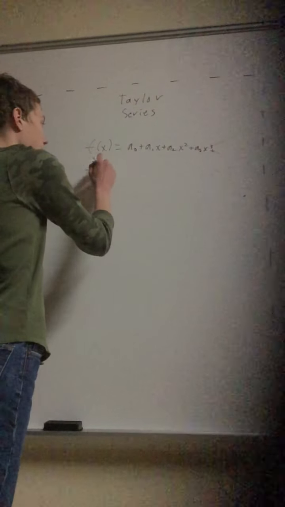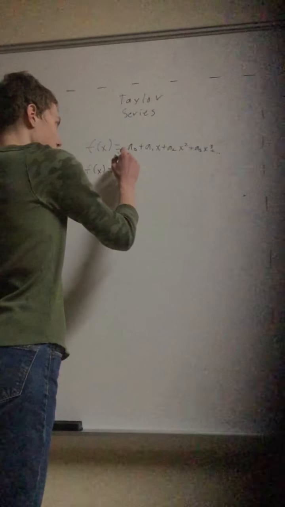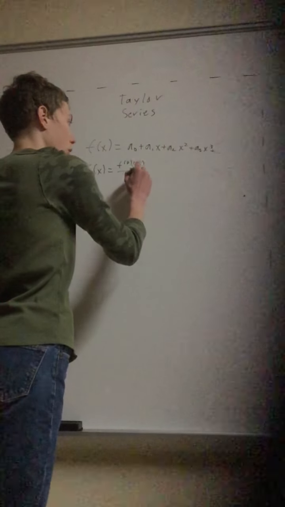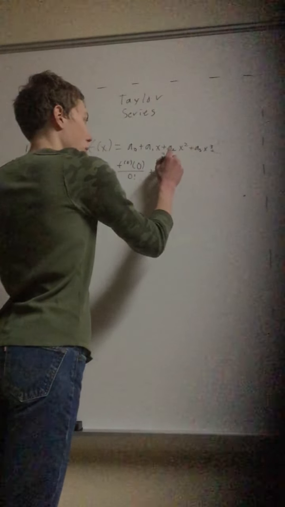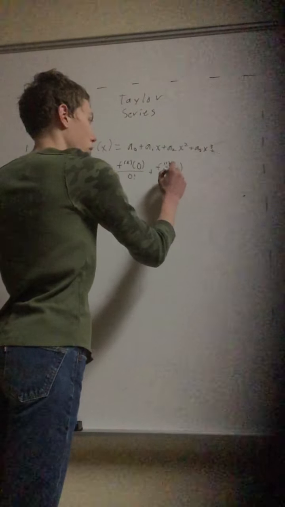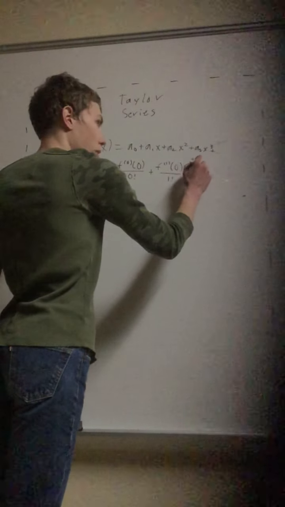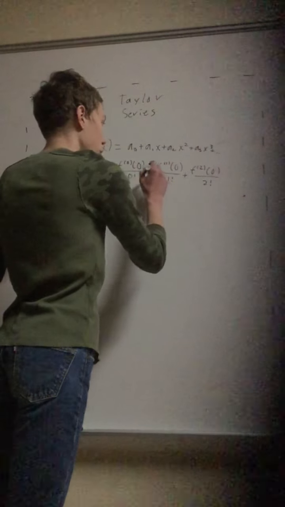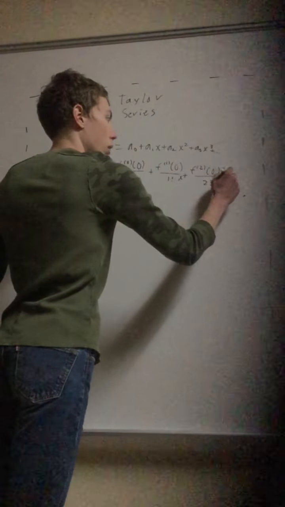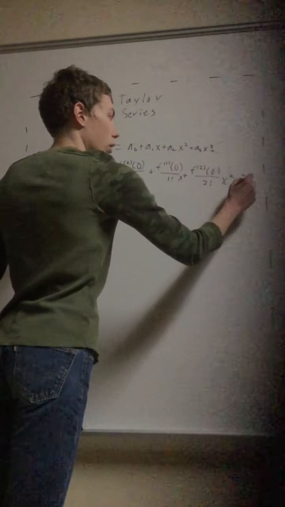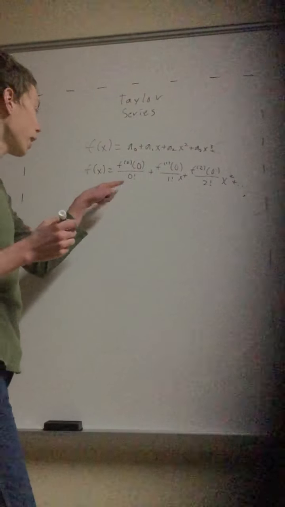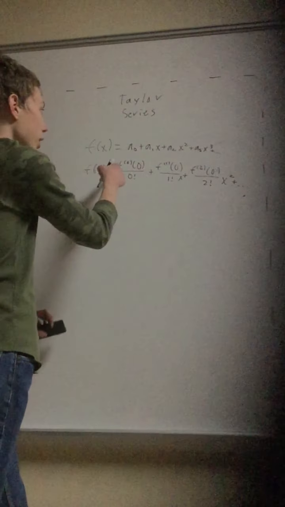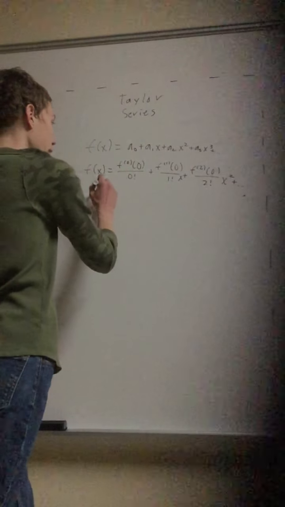In this case, f of x equals... Also, you should know that by definition, 0 factorial is 1, so this just helps go with the pattern, and the 0th derivative of f is just f itself.